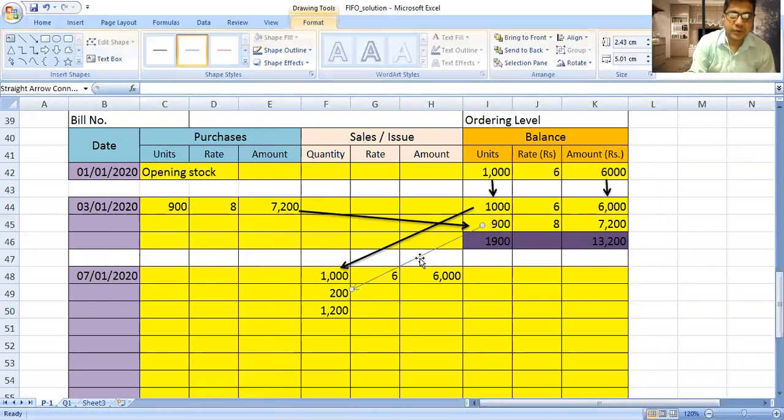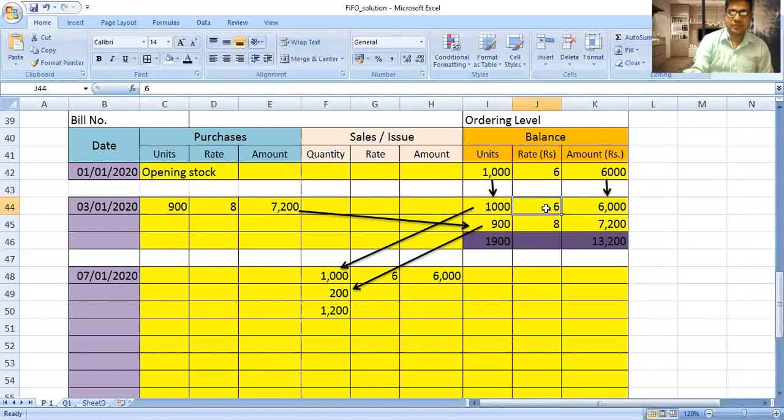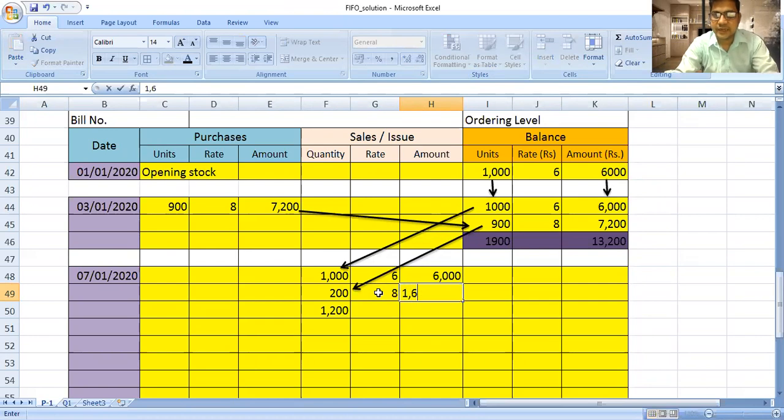Okay, I hope you understood what is going on. So we take first from the 1000, their rate is 6, and afterwards we take the rate 8. So we will write here rate 8, 200 into 8, 1600.